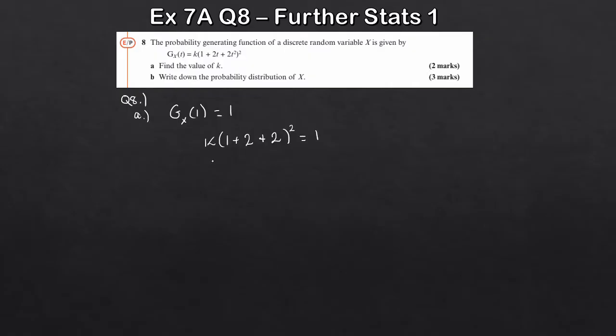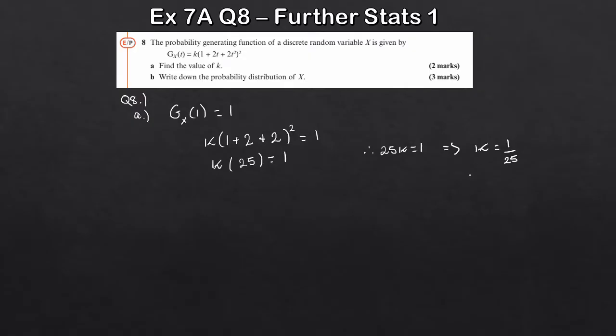So k times 1 plus 2 is 3, plus another 2 is 5, square that, so that'll be 25, is equal to 1. So therefore 25k is equal to 1, so k must be 1 over 25. Okay, so a nice little easy opener there, just finding the value of k.